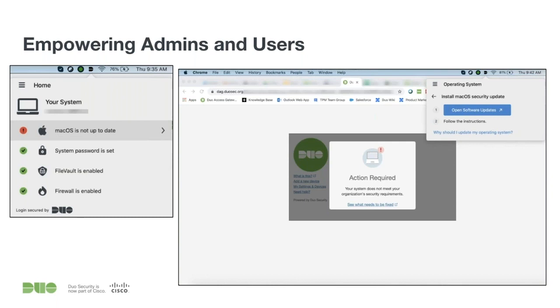But just keeping up to date with browsers, I'll give everyone 30 days after a browser's been updated to get up to date. So there are different levers you can set within Duo to make sure that you're providing flexibility to your workforce so that they aren't blocked all the time.